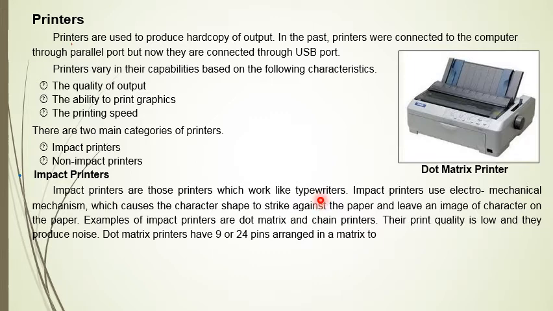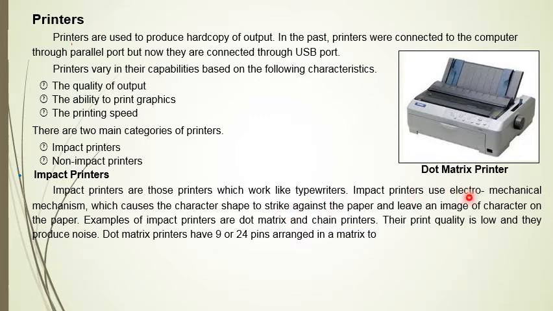Inside there is one head, and inside the head there is a striking mechanism with pins which strike the ribbon, and the ribbon is between the page and the head. Once these pins come out, they hit the ribbon, that is a carbon ribbon, and the image is produced on the page.